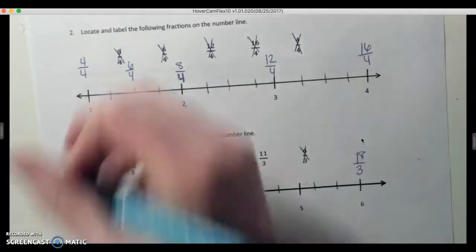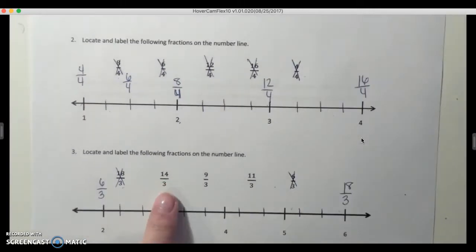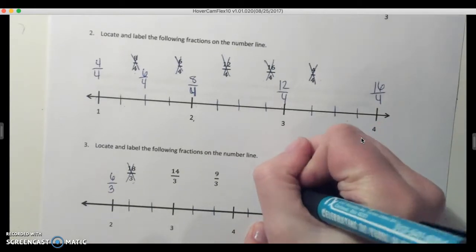Right there on that 6, so cross that one out. Do 14/3. I'm going to start at the 18 and go backwards. So I have 17, 16, 15, and 14.